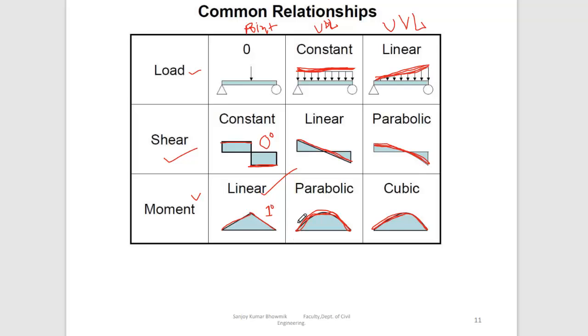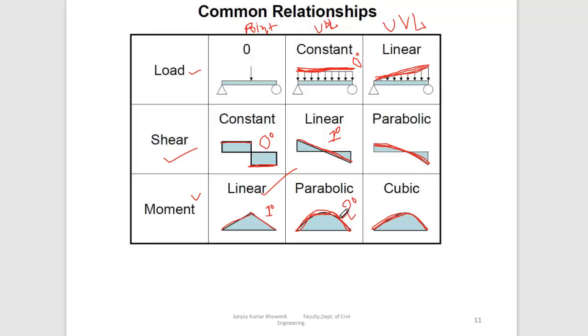And in case of UDL, have a look. The line started in 0 degree. Second would be the first degree. After that we consider the shear force, and that would be the second degree.